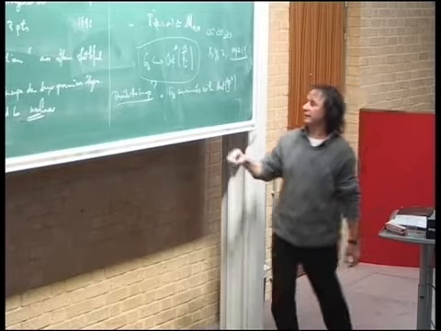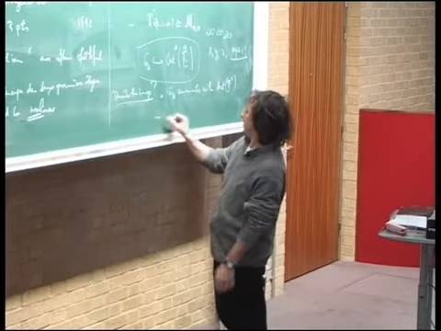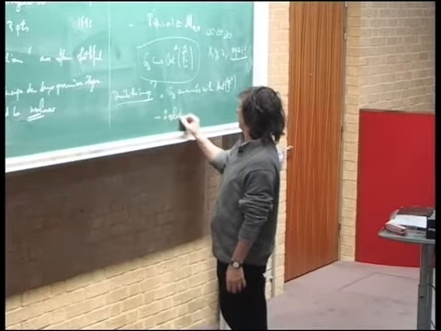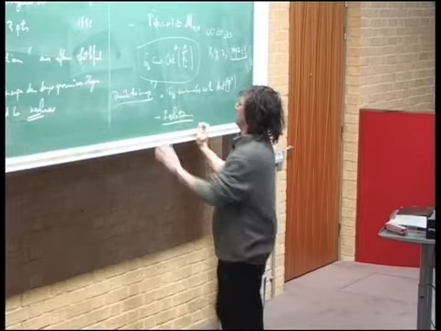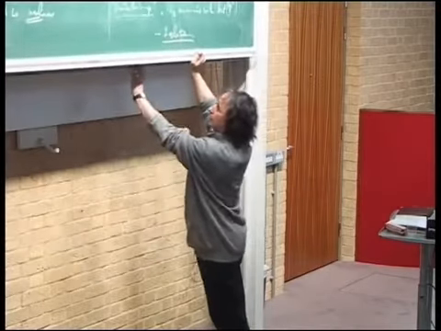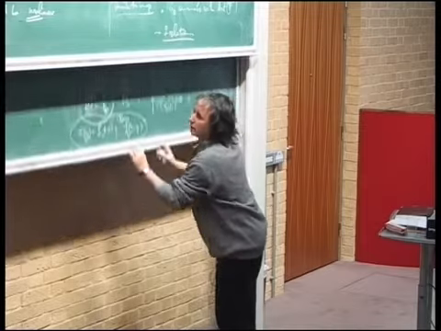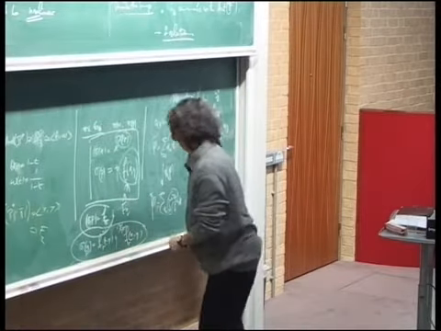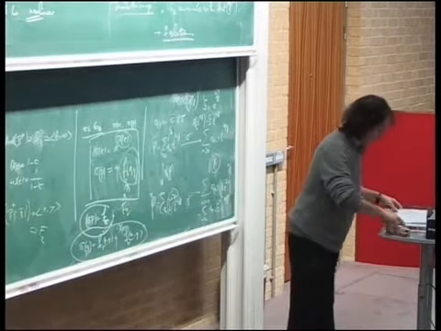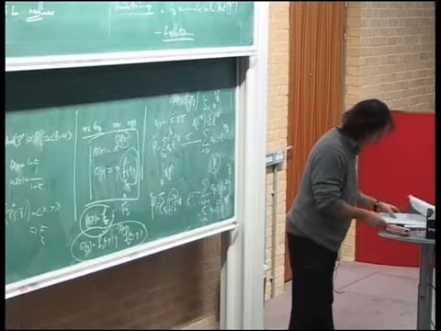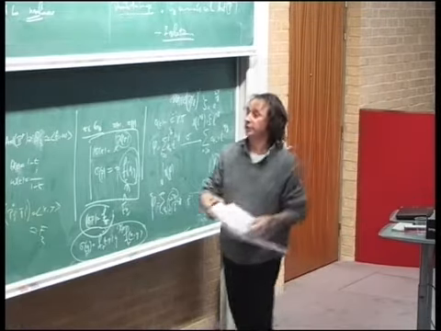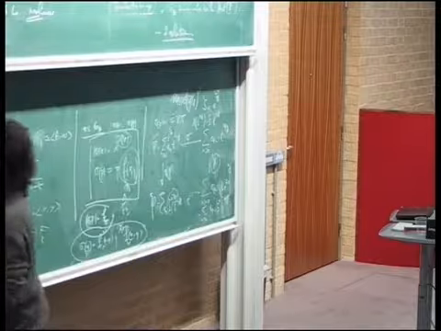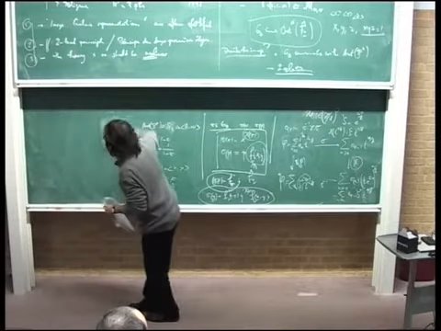And if you say that, you get two relations, which you all know, the famous first two relations in GT.